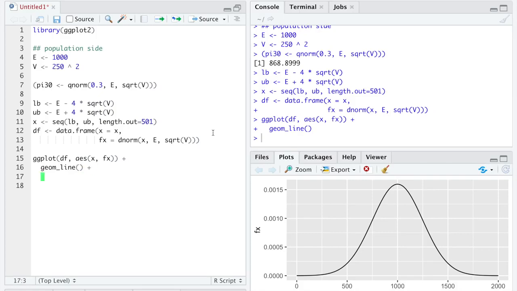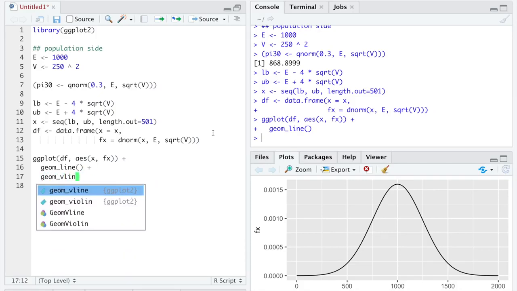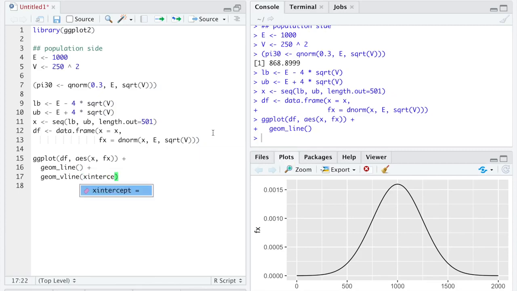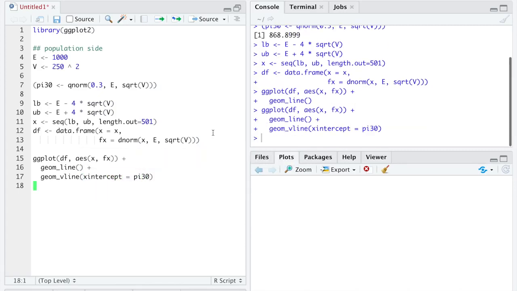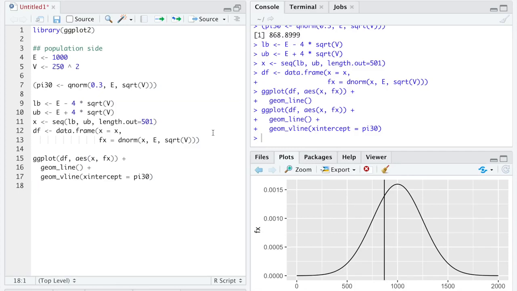Now, to add a vertical line at the x-intercept equal to pi 30, we could represent that score, which is 868.9, on the plot by this vertical line. And 868.9, the 30th percentile, is that value on the x-axis, such that there's 30% of the area under that curve to the left of the vertical line. This is the population side discussion of a percentile.